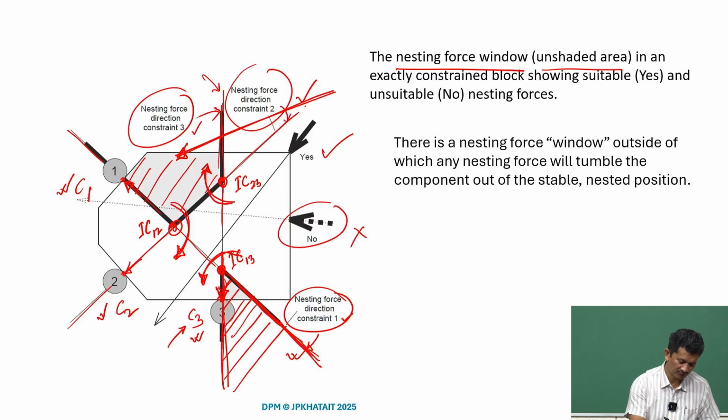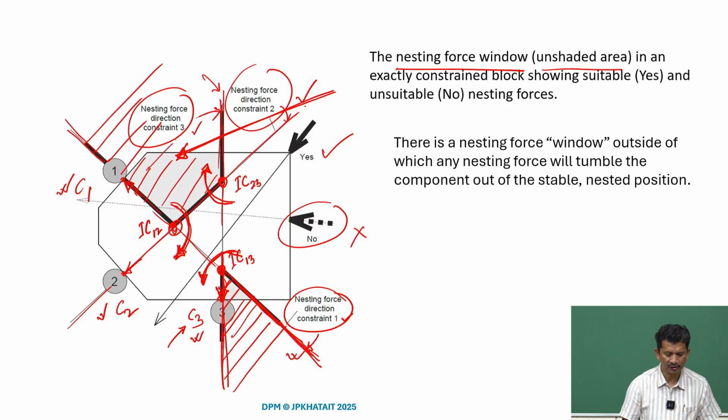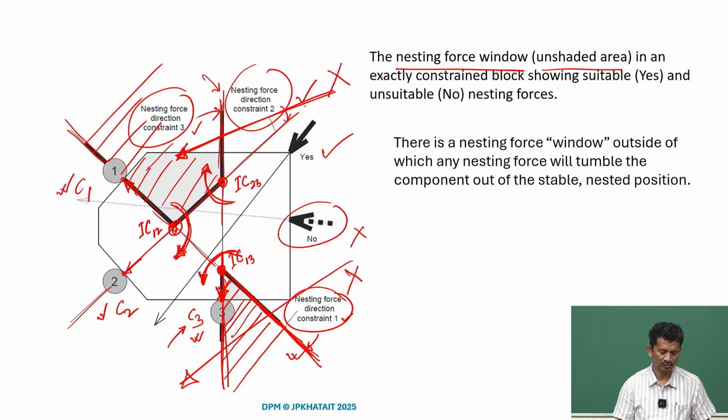Same with IC12, it is creating a moment in the opposite direction, although it is fulfilling the requirement for IC13. Similarly, this shaded area is again not valid. So, you can check whether you have this force or this force coming like this, these are all not valid solutions.